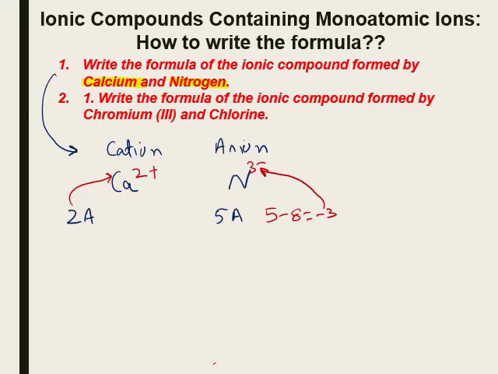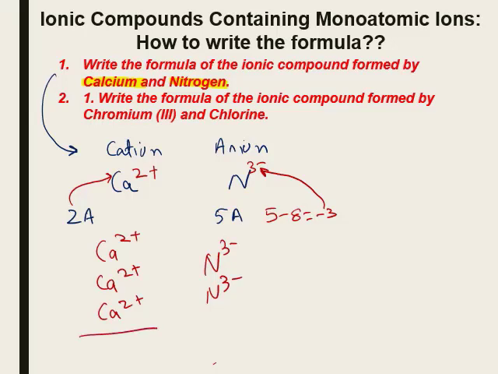Once we identify the charges, next is to see what ratio they will fit in order to neutralize. If you remember a couple of slides earlier, we found that if the ratio is 2 positives and 3 negatives, then we're going to need 3 calciums and 2 nitrogens.